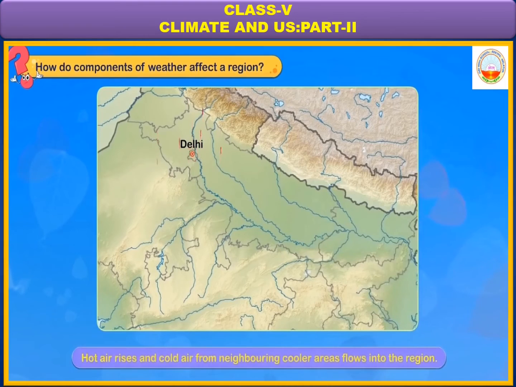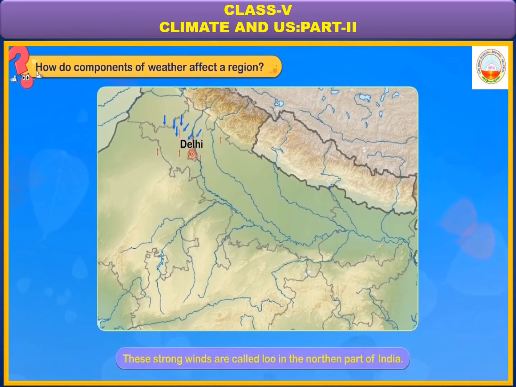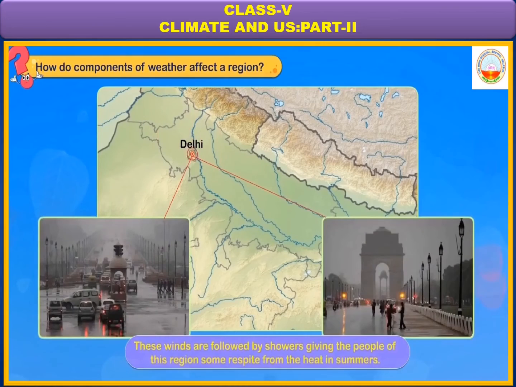Hot air rises and cold air from neighboring cooler areas flows into the region. These strong winds are called Lu in the northern part of India. These winds are followed by showers, giving the people of this region some respite from the heat in summers.